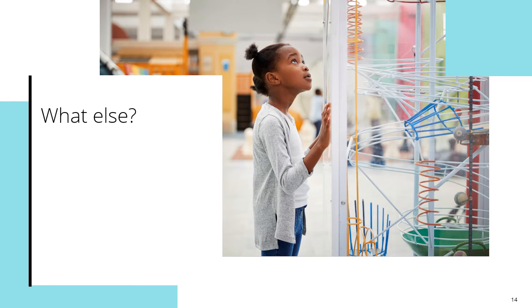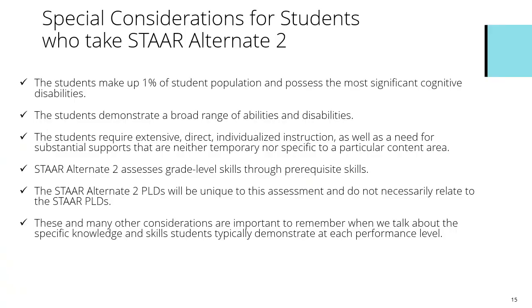So, in preparation for the upcoming in-person PLD review meeting, what else do you need to know? When developing PLDs for a population of students, we must consider any special needs or circumstances that the students bring to their instructional and assessment settings, such as: the students make up only 1% of the student population and possess the most significant cognitive disabilities.